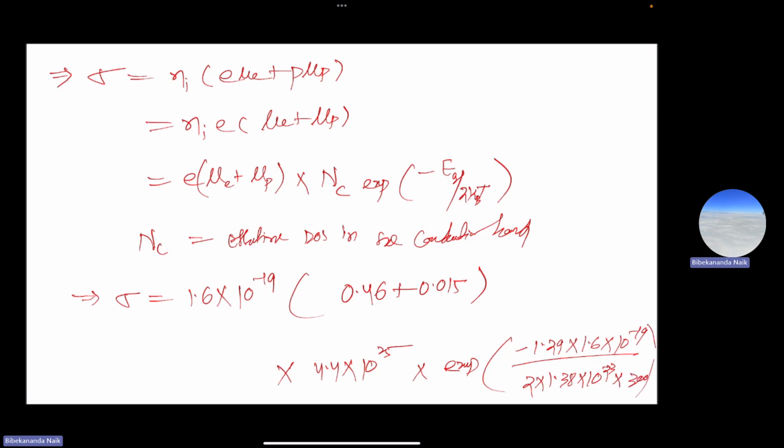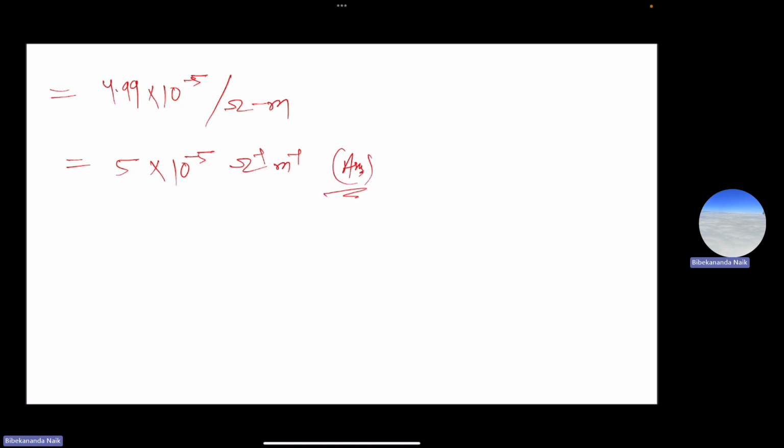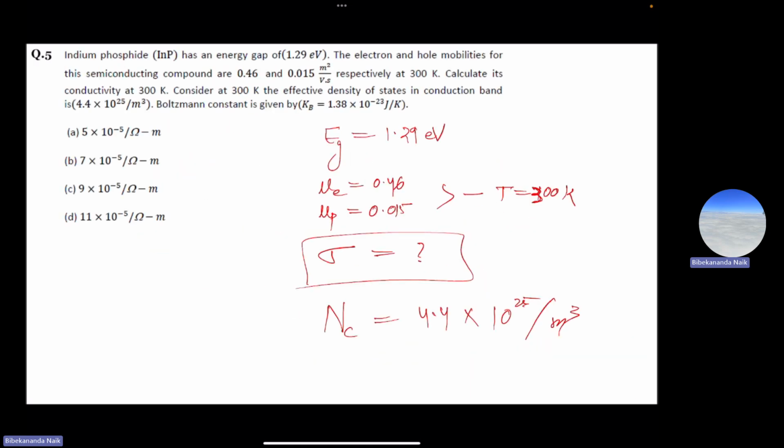So if you calculate, it will come around 4.99 into 10 to the power minus 5 ohm meter, or 5 into 10 to the power 5 ohm inverse meter inverse.